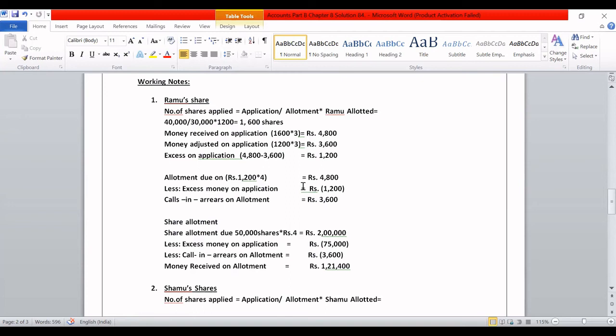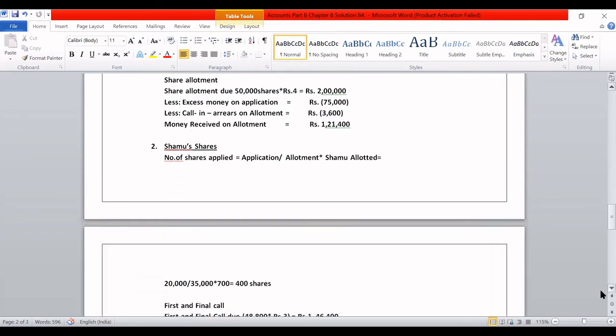So we subtract from the allotment due, 4,800 minus 1,200, and the calls in arrears on allotment is 3,600. Now the share allotment. Share allotment due on 50,000 shares, 2 lakh, less the excess money on the application, that was 75,000, and the calls in arrears on allotment was 3,600.